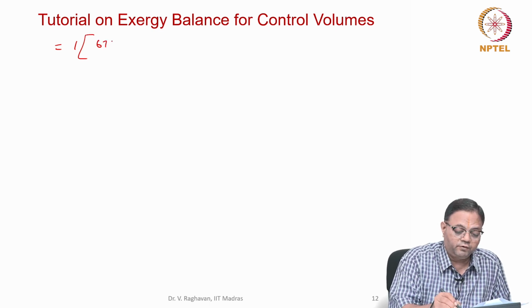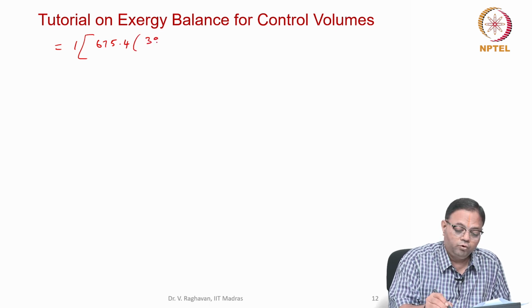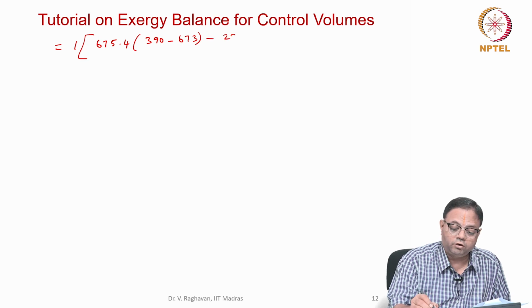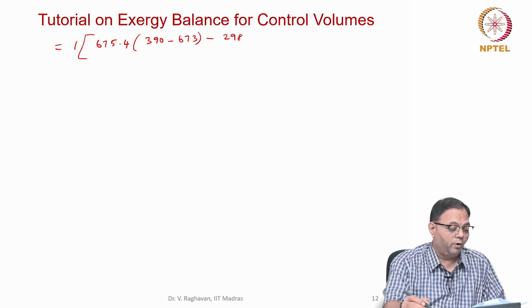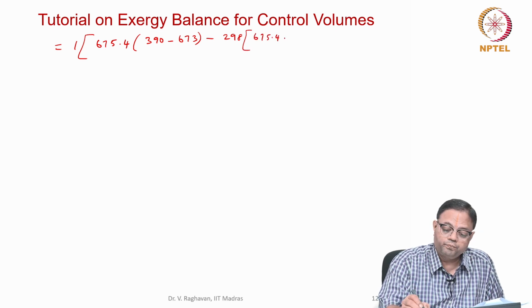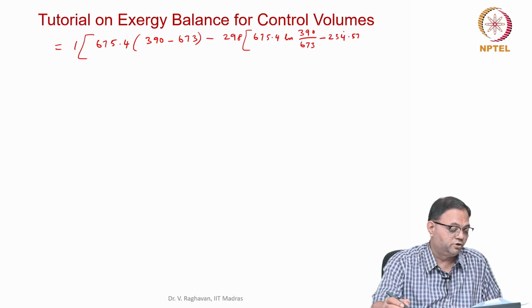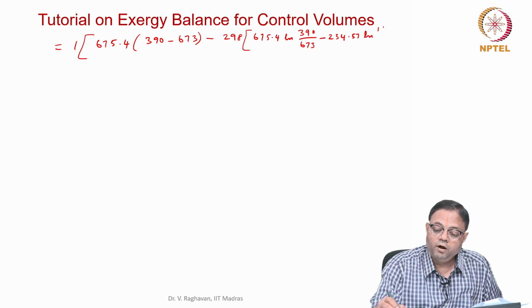So this will be 675.4, that is the Cp, into 390 Kelvin final temperature, minus initial temperature 673 Kelvin, converted into Kelvin, minus T naught 298 into, now I have to apply the S2 minus S1, that is Cp mix into ln of final temperature T2 by T1 minus R, R is 234.57 for the mixture, into ln of 100 kilopascals divided by 600 kilopascals.